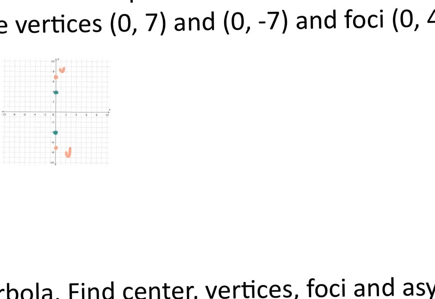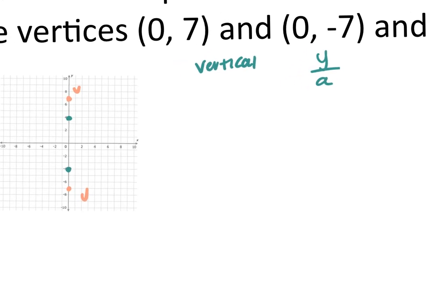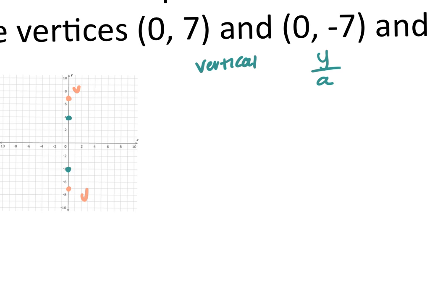So what do I already know about this guy? It's vertical, which means the y gets the a. What else do we know? Where would the center be? Good, 0, 0. Halfway between either of those points. So I could go halfway between the vertices or halfway between the foci for the center.